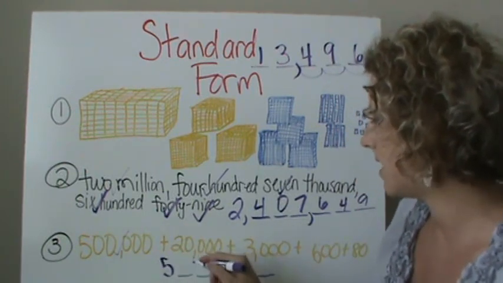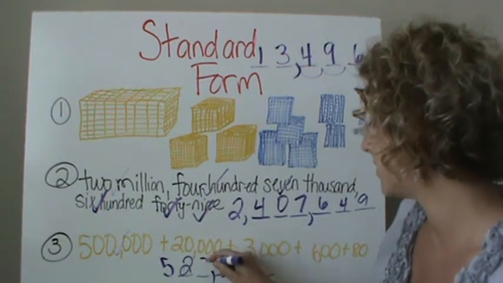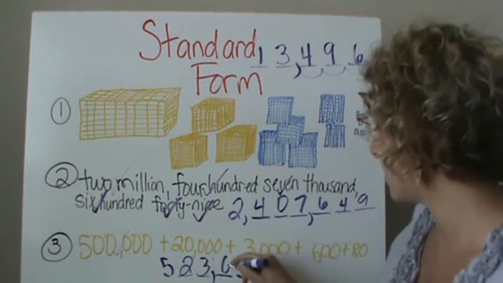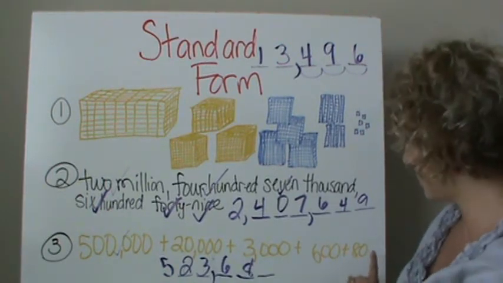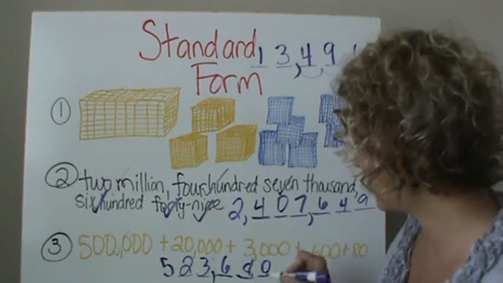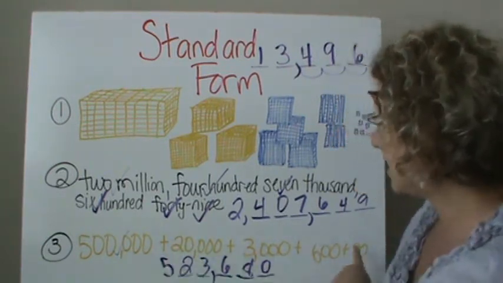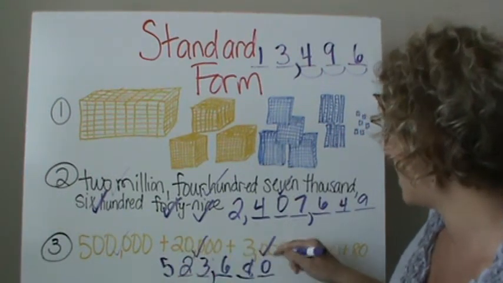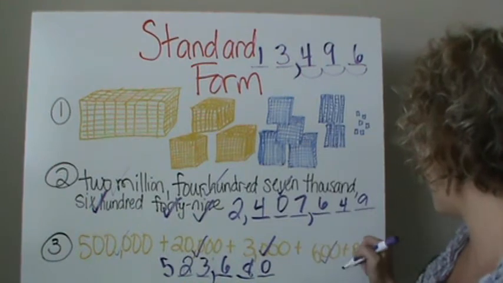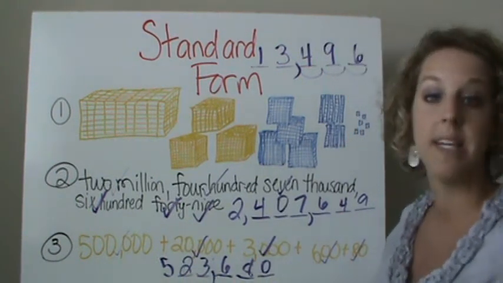I have 20,000, so that's in the 10,000s place. 3,680. And I don't see any ones, so I will place a 0 there. There are 0 ones. So this number, 500,000, 20,000, 3,680, there are no ones, becomes 523,680.